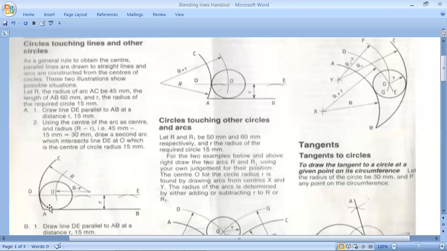If the radius of the circle we want to create is 15, we need to draw this line DE at a distance of 15.